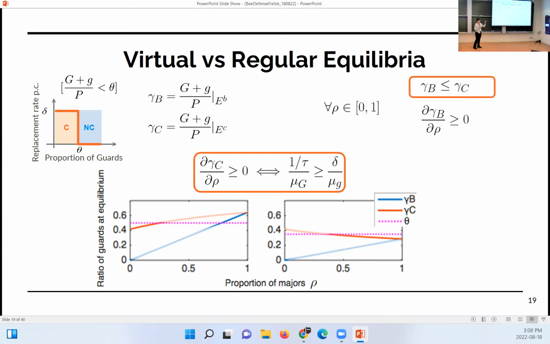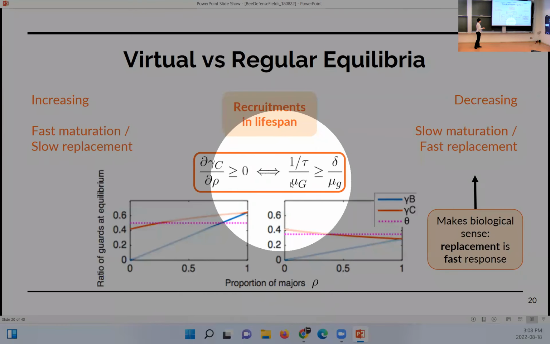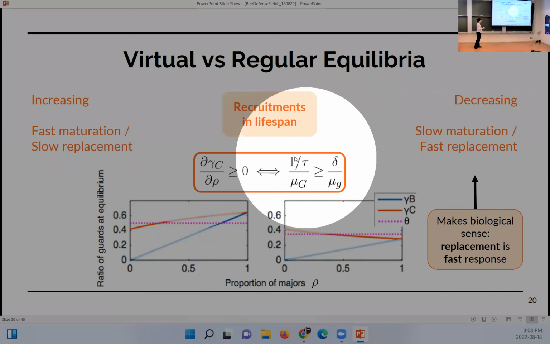Then we can also say that the ratio of guards in the replacement system, the crisis system, may be increasing or decreasing according to this condition. That condition is whether or not there are enough recruitments into the guarding compartment in the lifespan of a guard. So 1 over mu g is the lifespan of a major guard, and 1 over tau is the rate at which majors are becoming guards.